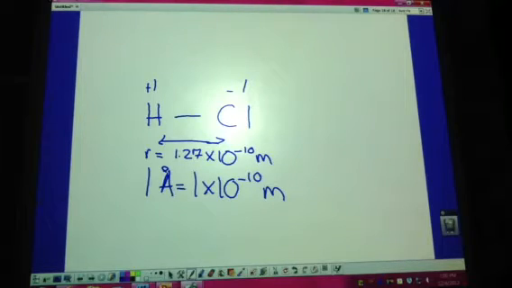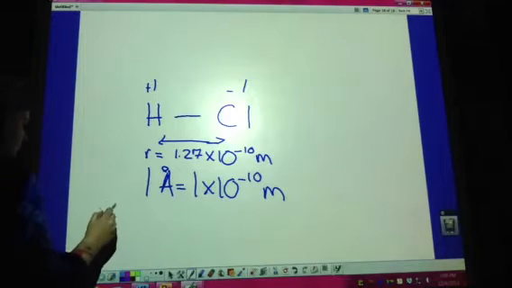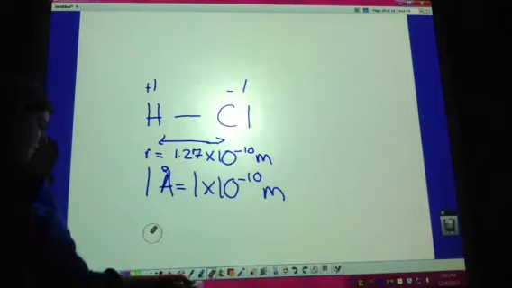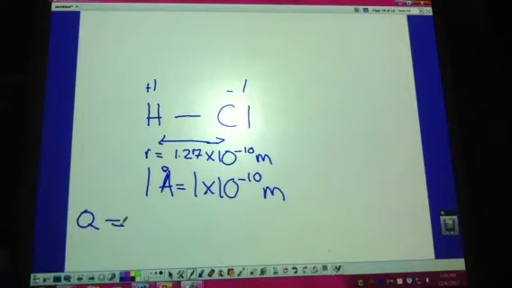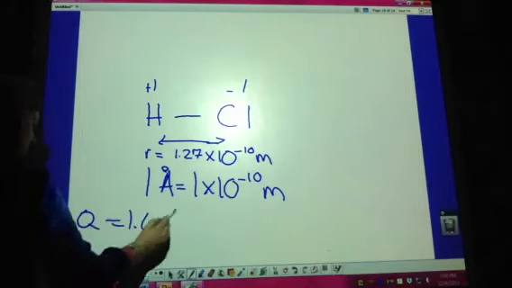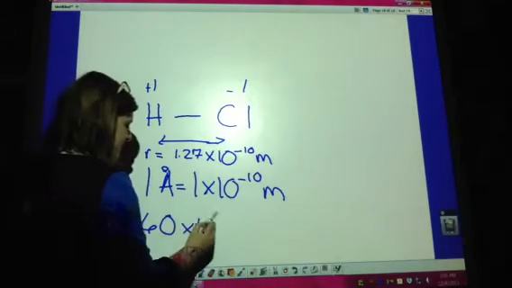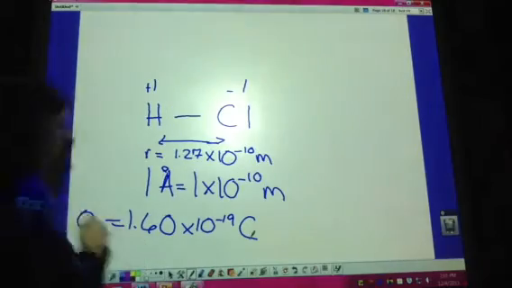let's write this down. Let's say charge. Actually, let's do Q, sorry. Q equals my charge of the electron equals 1.60 times 10 to the -19th coulombs. So 1.60 times 10 to the -19th coulombs.